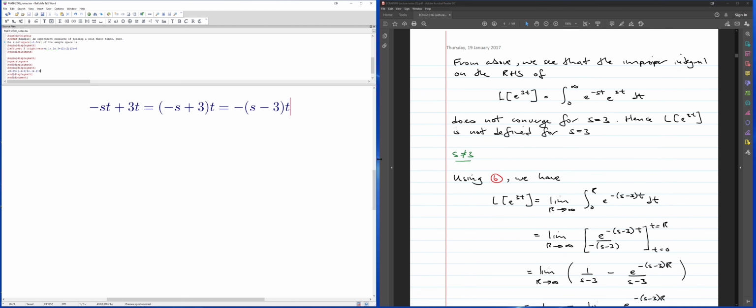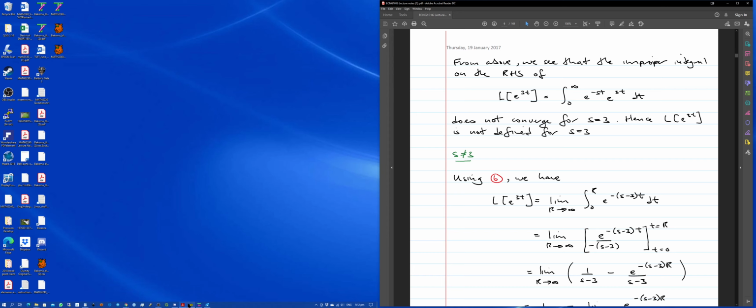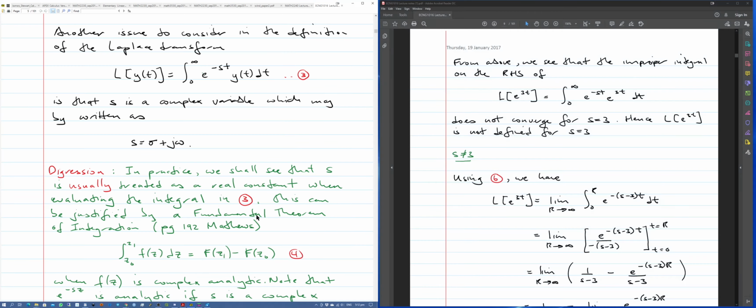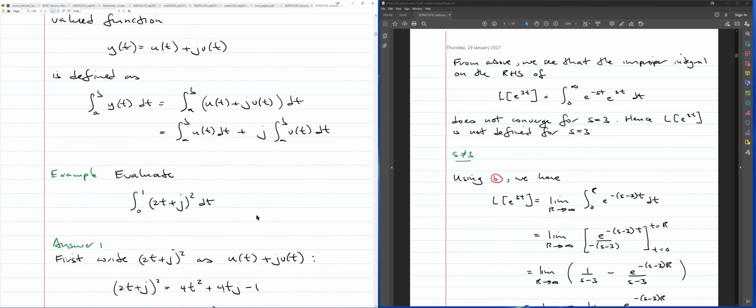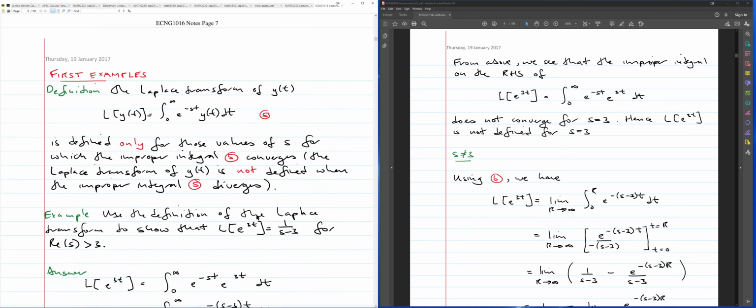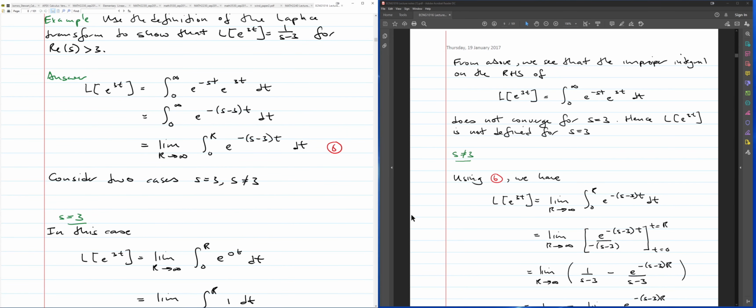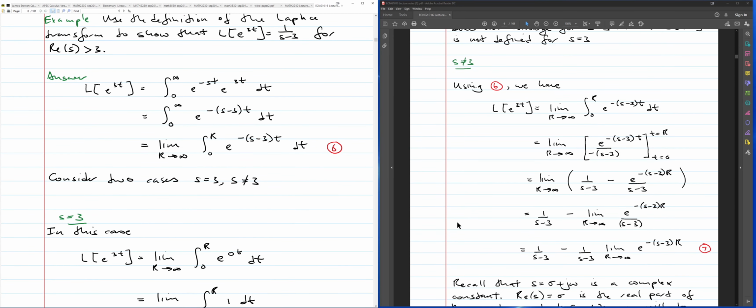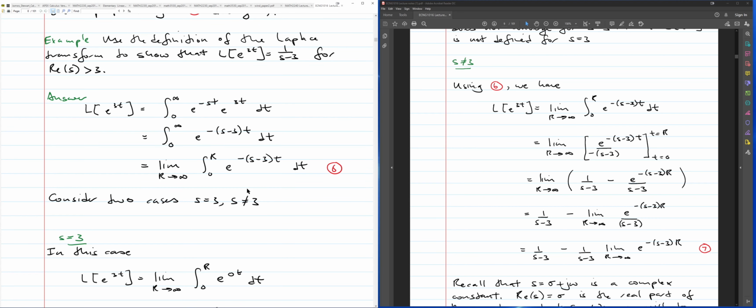Okay, so now let's consider the case when s is not equal to 3. So far what we have is the Laplace transform of e to the 3t is equal to this expression, using the definition of improper integral.